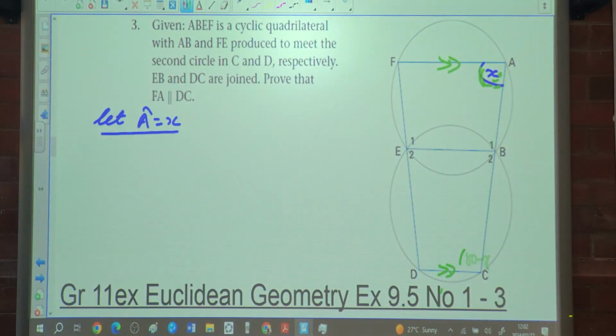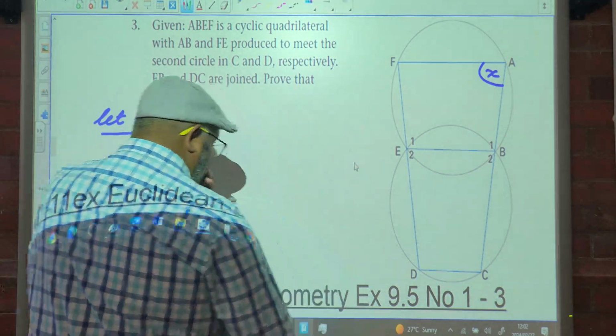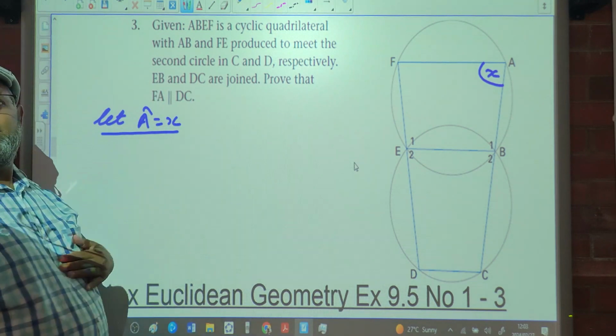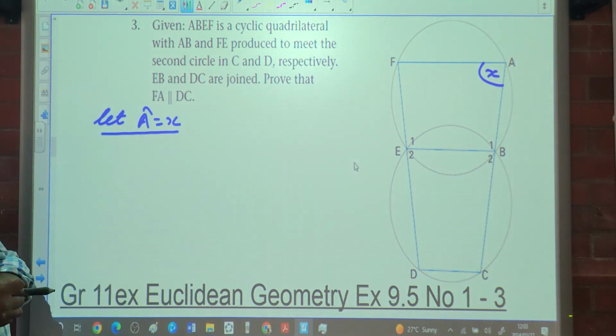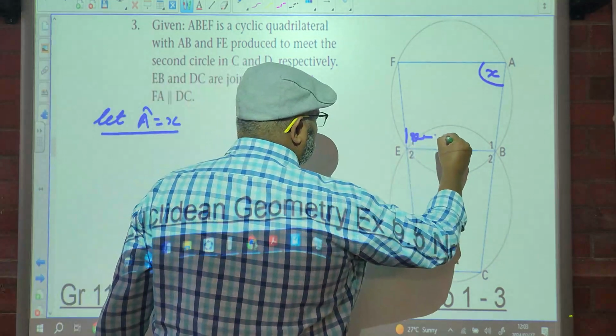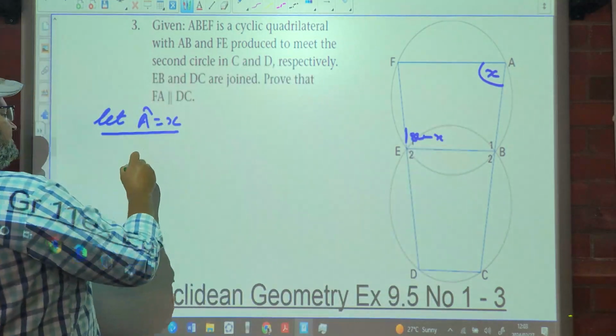I think I'm talking too much. So if I start off by letting that be X, which other angle is X? So you could say E1 is 180 minus X. Why?